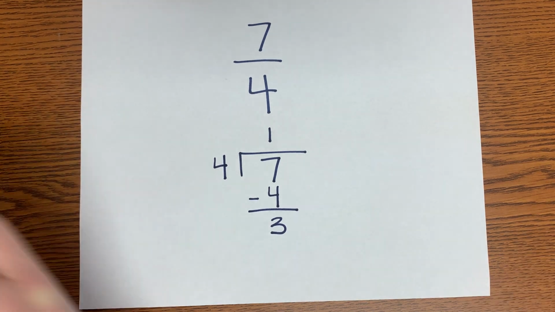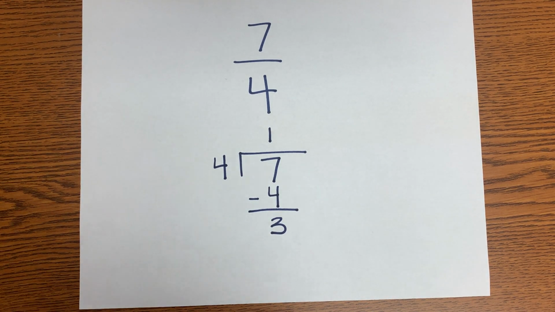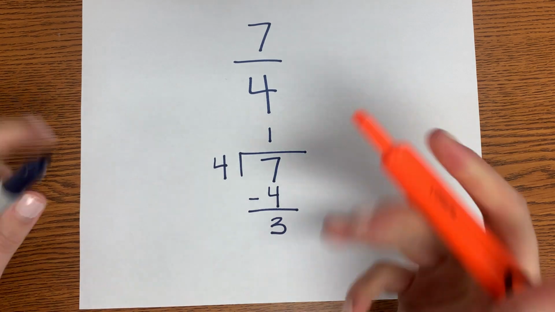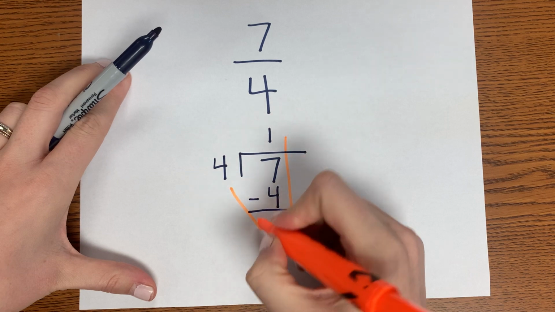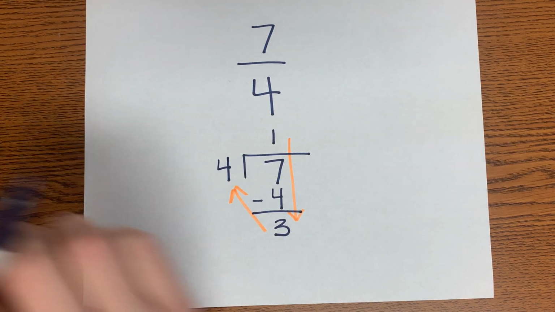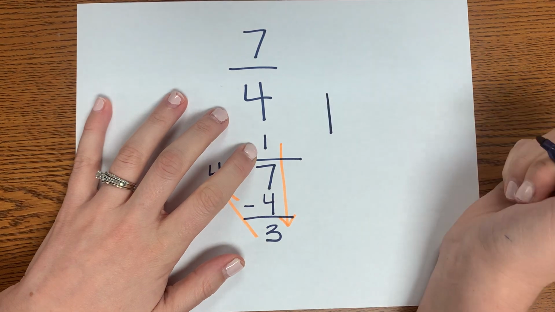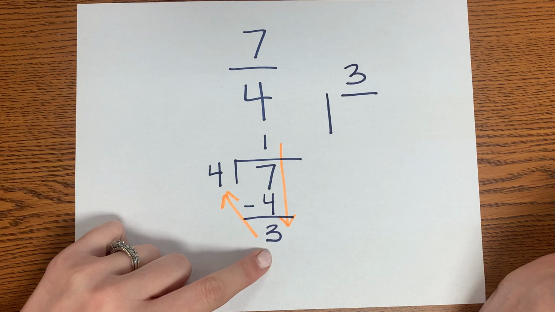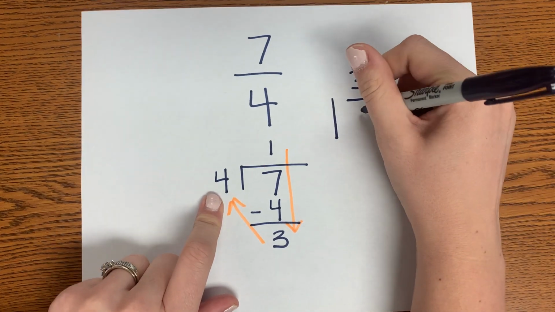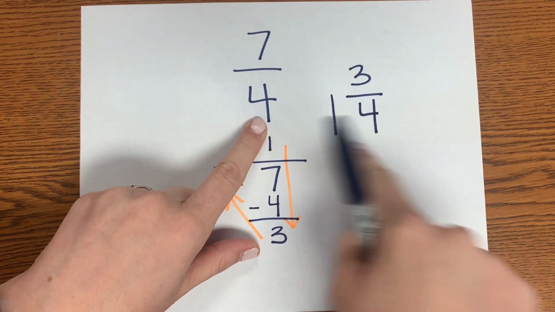The difference of 7 and 4 is 3. Now this is what I showed you in class, because it helps me visualize how to organize the numbers. We're going to start with the quotient and follow these arrows. The quotient is our whole number, so 1, and 3. Our remainder is our numerator, and 4 is our denominator, our original denominator, so it's kind of easy to remember it that way.